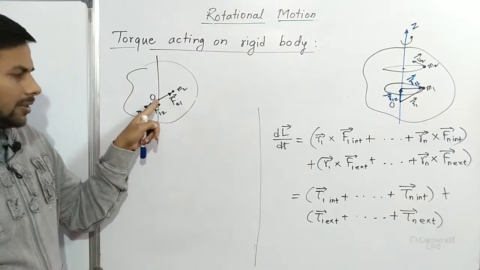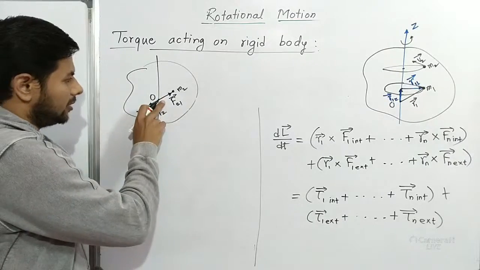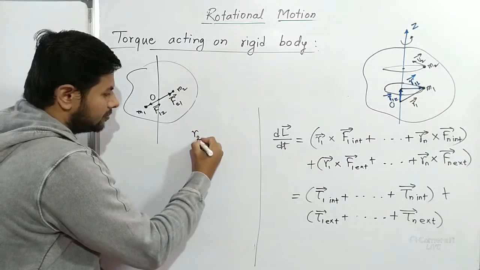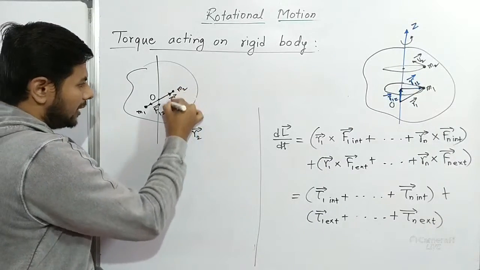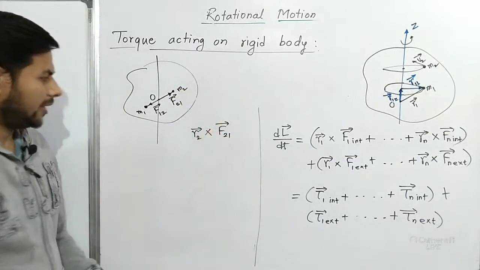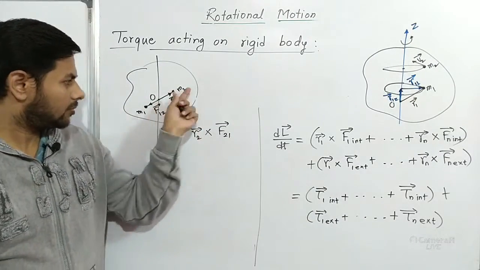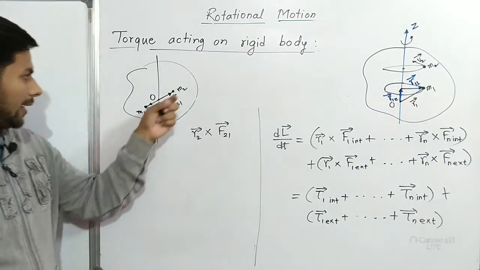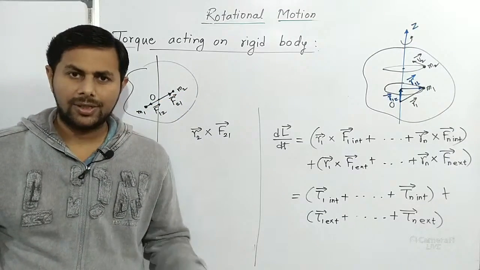If you consider this point as the origin, then the position vector of this particle is R2, and this force is F21. If you take the cross product of the position vector with this internal force acting on this particle due to the other particle, what will that cross product be?